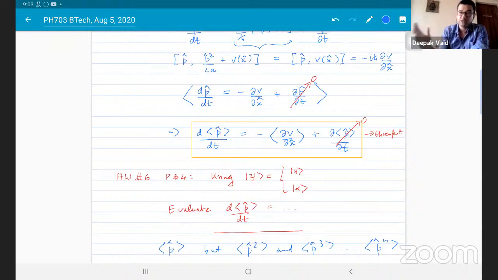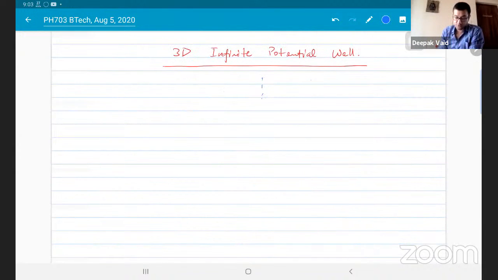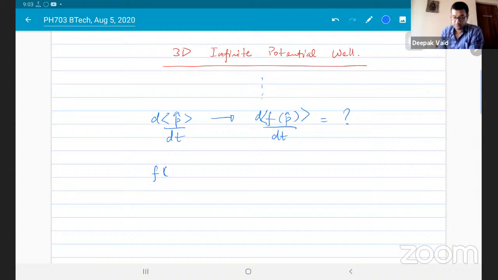So if I ask, does the Ehrenfest theorem apply to dp by dt, then what about any arbitrary function of p? I can write down some arbitrary function of p in a Taylor series like this.